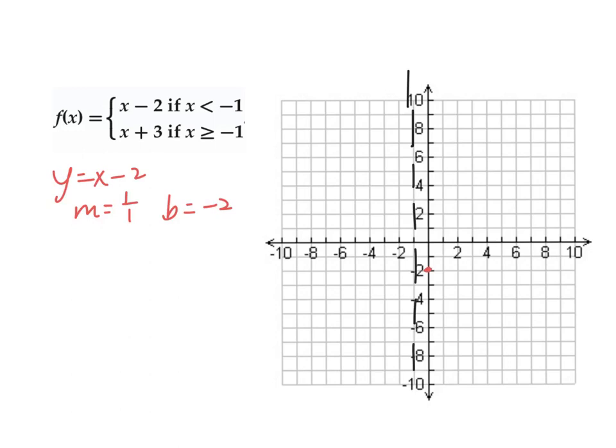Here's the thing though. If I follow this and I go up 1, right 1, and I have another point here, am I going the right direction? Where is the graph of x minus 2 supposed to be? To the left. So I'm moving right, and my line's going to go this way.